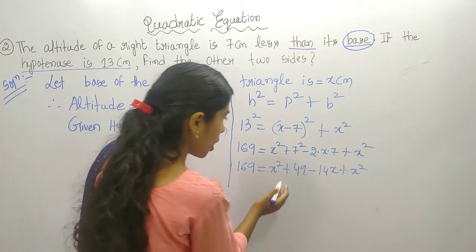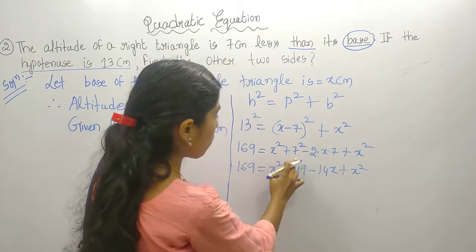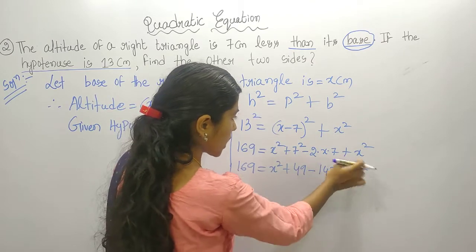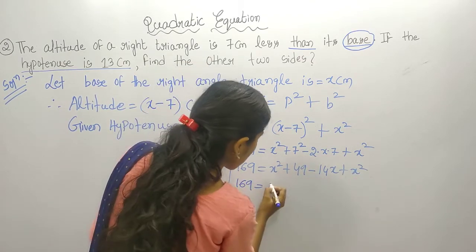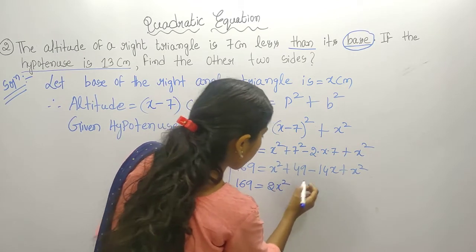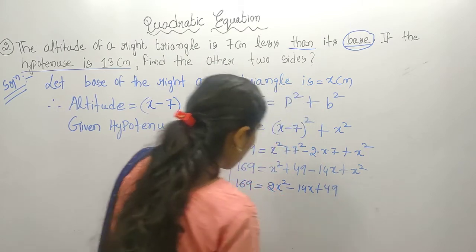Next, here you see what it will come again, x square plus 49 minus 14x plus x square. So 169 equals x square plus x square is 2x square minus 14x plus 49, okay.